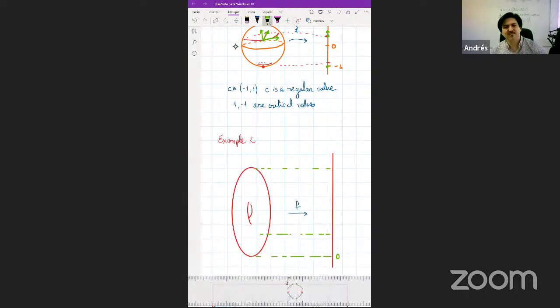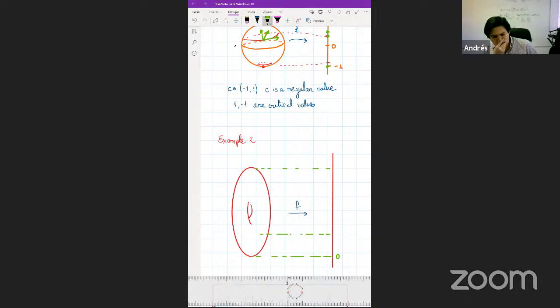Maybe this is height 0, and you can move all the way up until the height of the donut. So let's try to understand critical and regular points as well as critical and regular values.